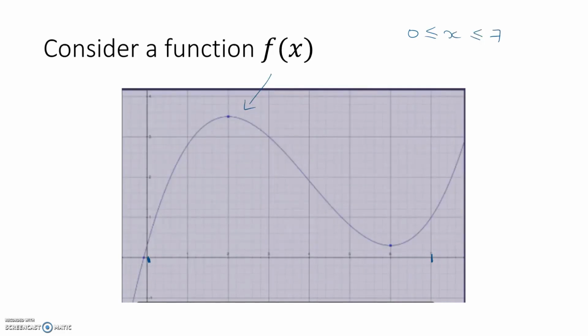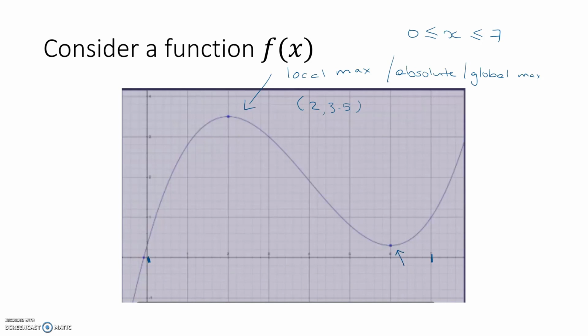Here we've got a local max, but it's also actually the absolute or global as well, because it's the biggest overall. And if we work out the coordinates of that, it's 2 there and 3.5. So the greatest y value is 3.5 anywhere between 0 and 7.